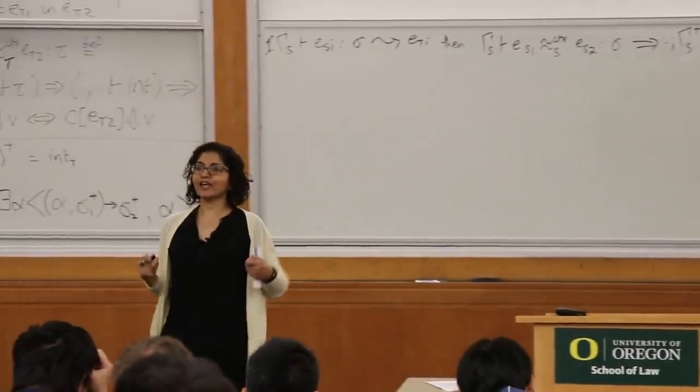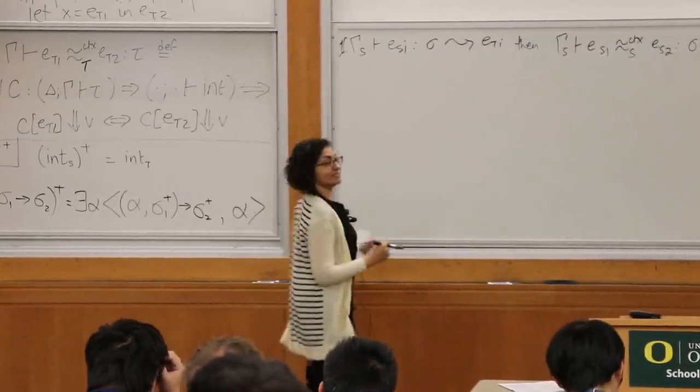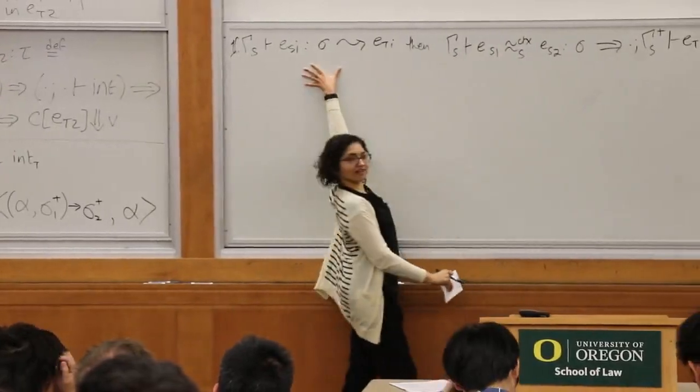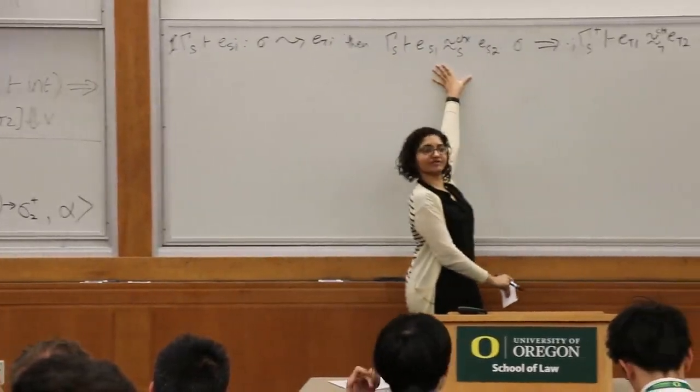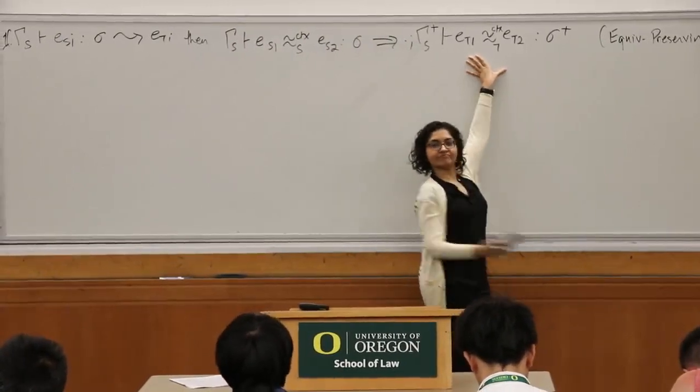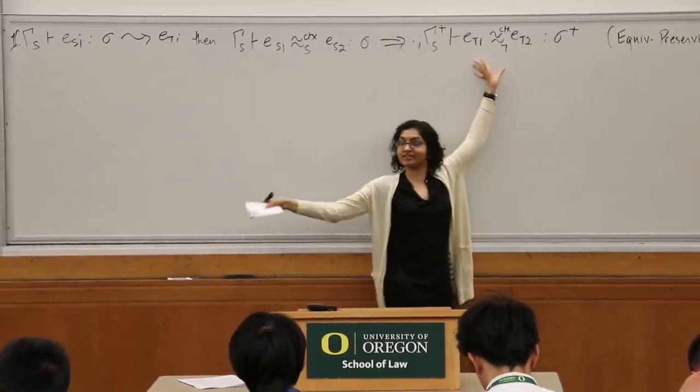Okay, so let's do it. All right, so let's assume that our components translate. Let's assume that the source components are equivalent in the source. This is what we are required to show. All right? There's the definition of contextual equivalence in the target over there.